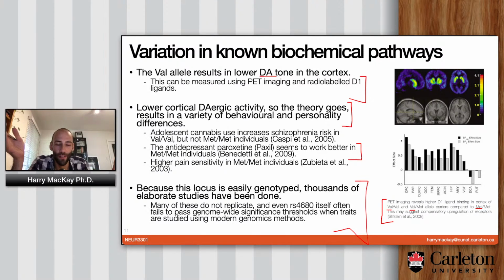You can't do tens of thousands of psychological experiments. You have to have a smaller number of subjects. So it's easier to do these kinds of studies. Part of the reason is that if you're only looking at one thing, you don't have to worry about genome-wide significance. If you've taken a stats class before, you know about correcting for multiple tests, like the Bonferroni correction and these kinds of things.